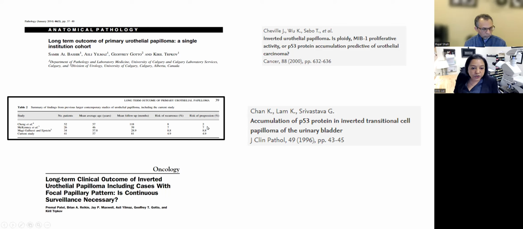However, the progression rate was not quoted as 0. And this progression rate ranges from 2% all the way to 8%, and some of it may be just a variation in histology of these tumors.